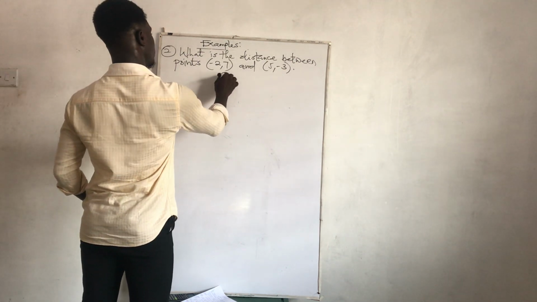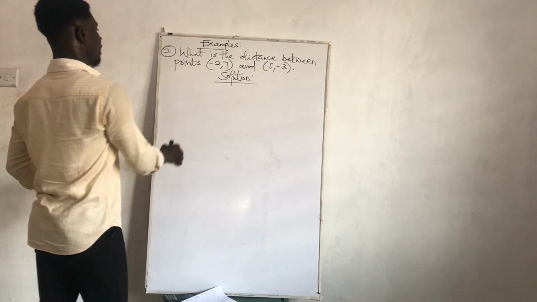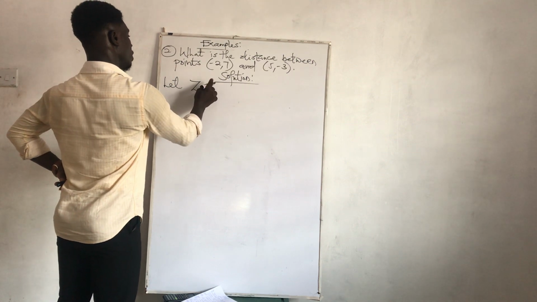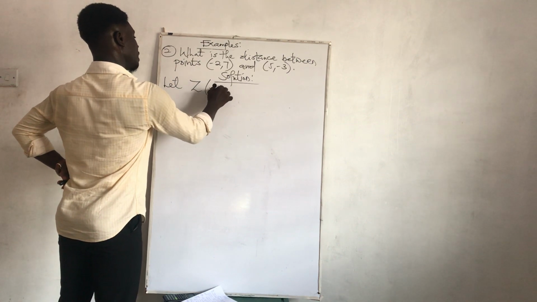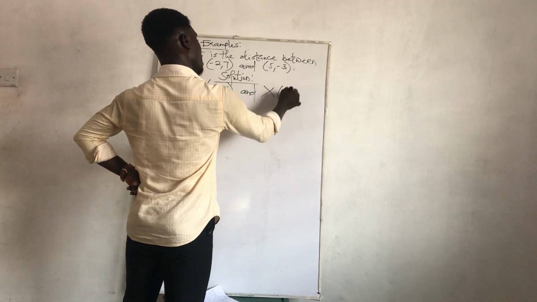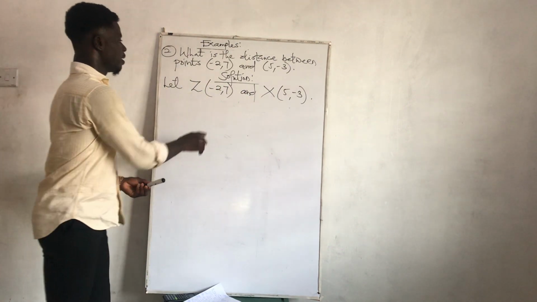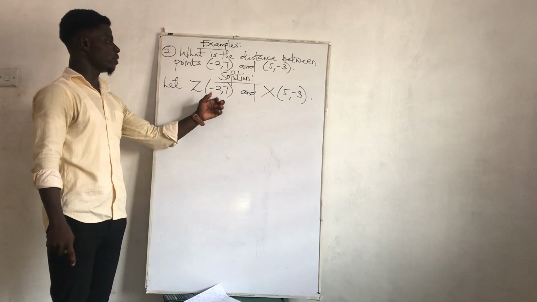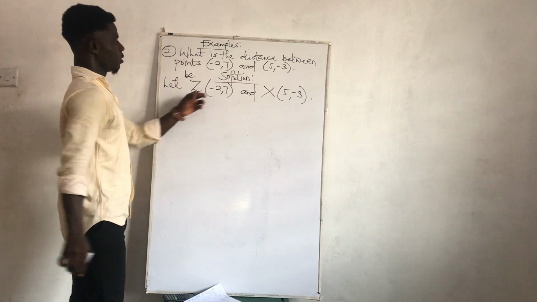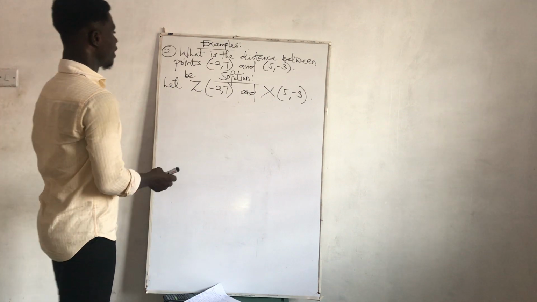So our solution. We say let point Z be -2, 7 and X be 5, -3.